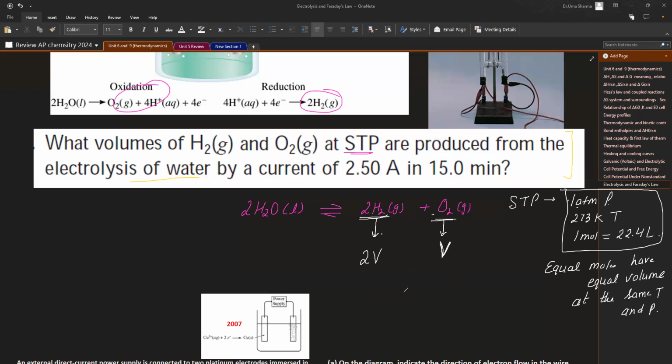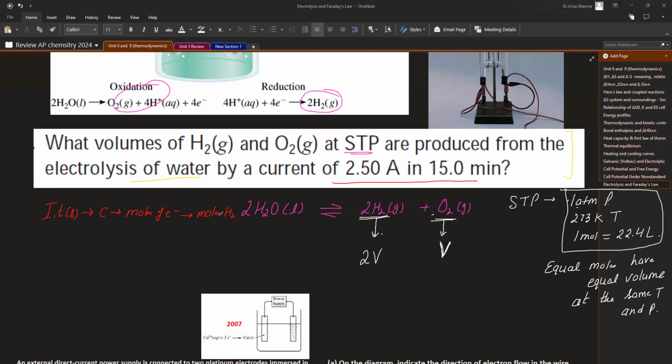Ready? So let's start with the amount of the current and time. So I'll convert my I and T, first T into seconds. I'll get the coulombs. I'll get the moles of electrons. And I will get the moles of any of these gas, any. So let's say moles of hydrogen gas.